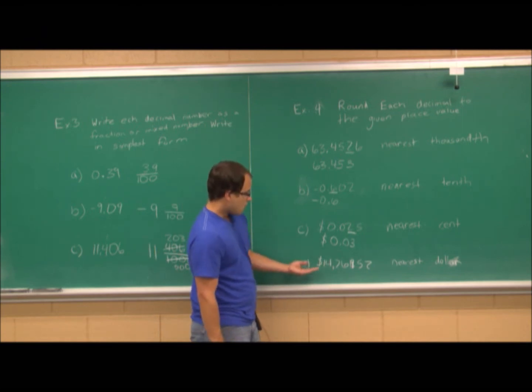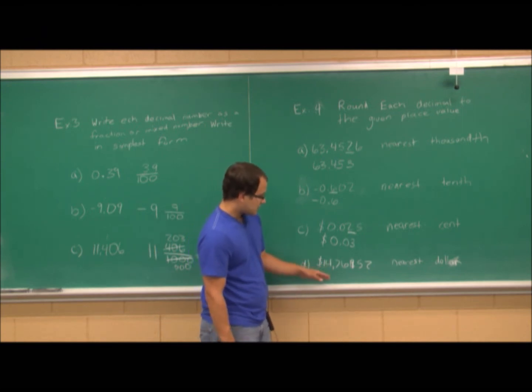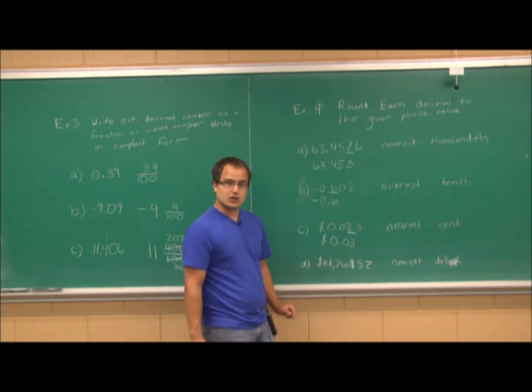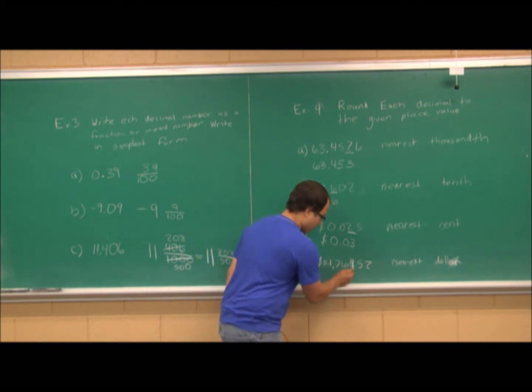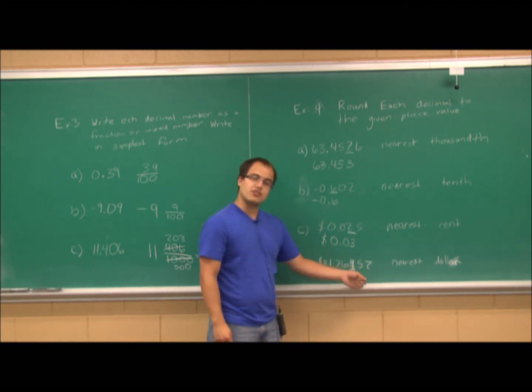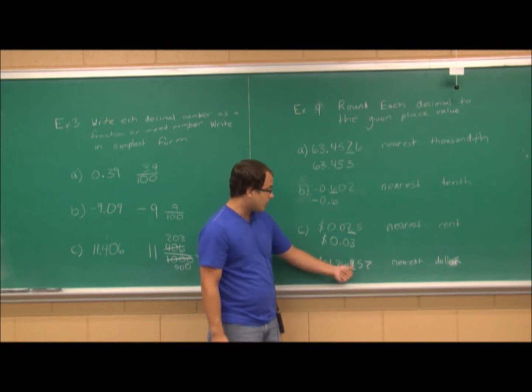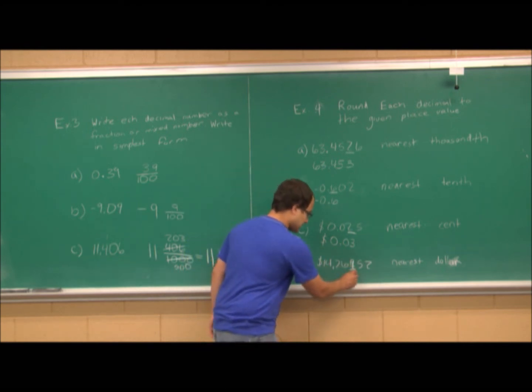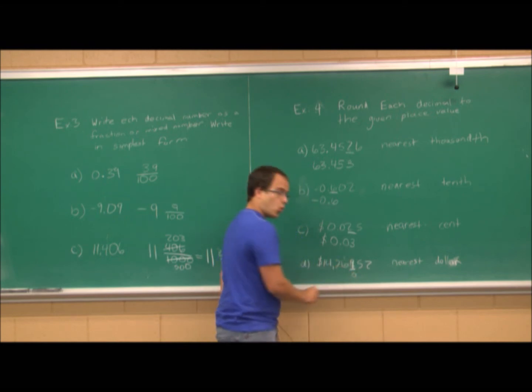Now D, $14,769.52. Round to the nearest dollar. So I'm going to round to the dollar, so I'm underlining dollars. To the right is a 5, which means I have to round it up. Well, if I round 9 up, I get 10. So that's 0. I have to carry the 1.